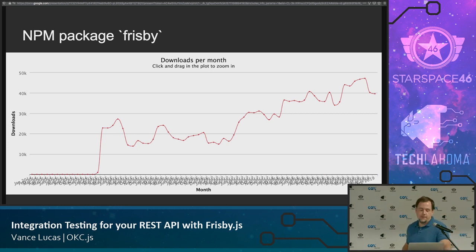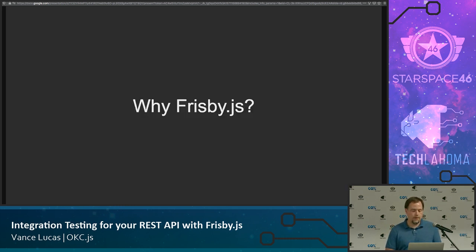And then all of a sudden it kind of got picked up. So you see the chart here. So averaging, I don't know, anywhere between 40 and 50,000 downloads a month. So again, it's not like the most popular package on NPM by a long shot, but it has some pretty good use.